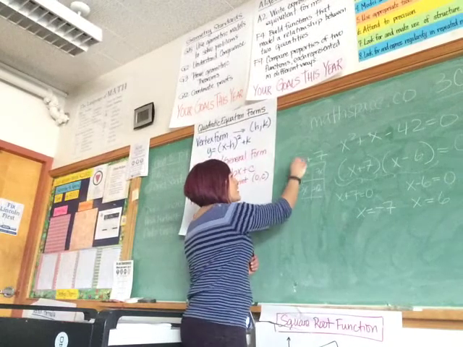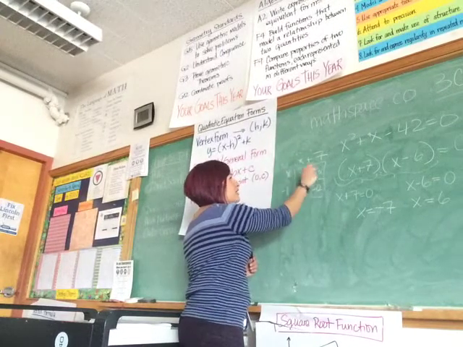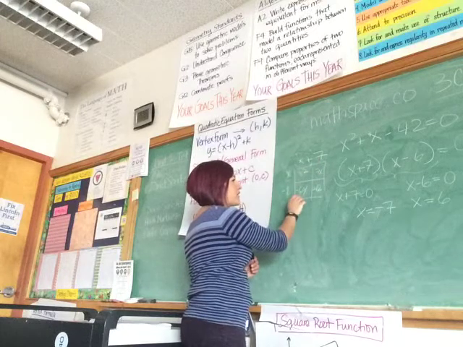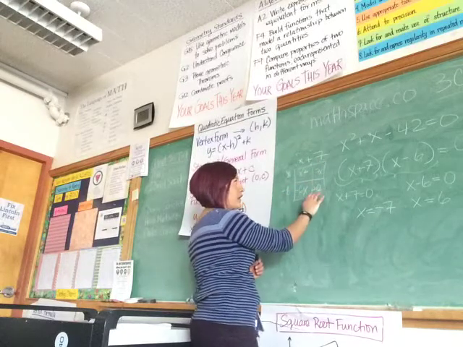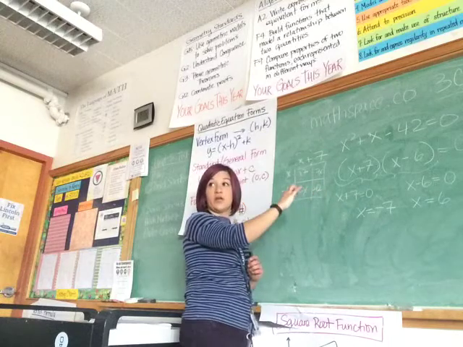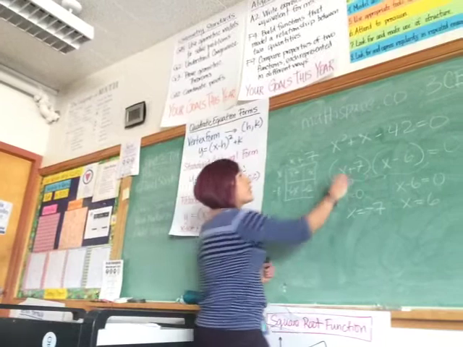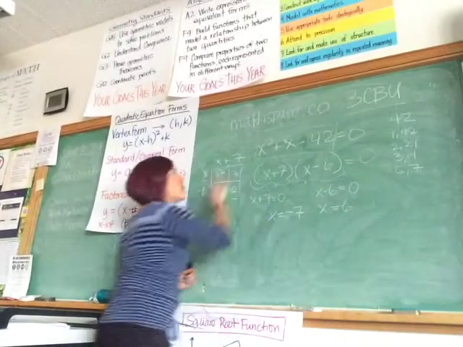So x and x is x squared, x and 7 is 7x, negative 6 and x is negative 6x, and negative 6 and 7 is negative 42. I'm doing that to check my factors, because the goal is to get back to the original.